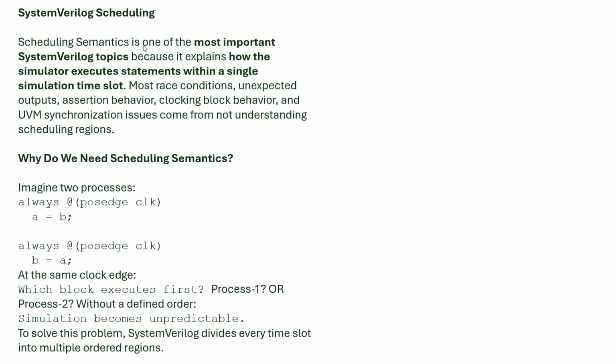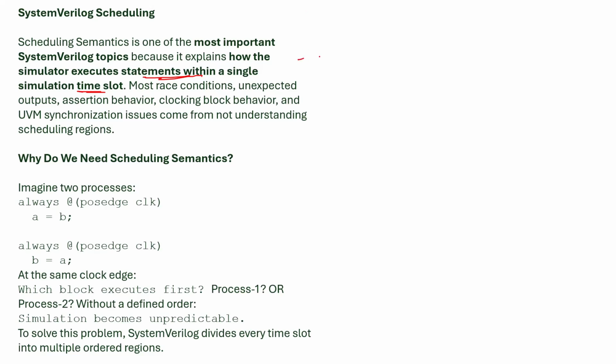See, this is the scheduling in SystemVerilog. The simulator executes the statements within a single time slot. So based on that, we are executing different signals like this. At t equal to 0 only, it is executing all the statements within a single time slot.